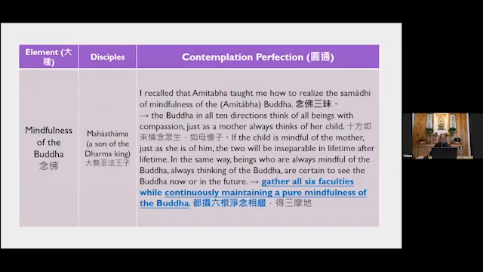And then finally, a very good practice is called mindfulness of the Buddha, by the Dharma King Mahasthama. It is to always keep yourself connected to your Buddha nature by calling the Buddha's name, by remembering the Buddha's name. This is a very good practice for everyone as well.